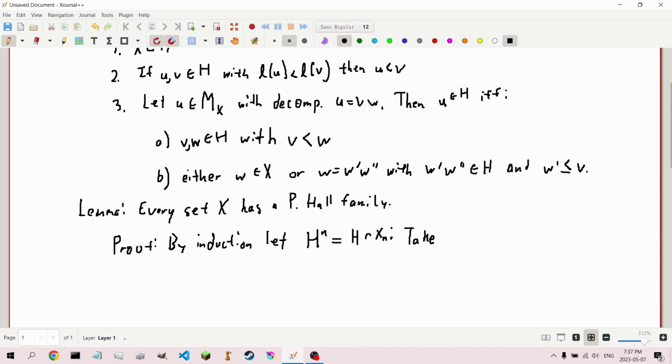How do we do that? Well, we take H^1 to be equal to X, with a total order. We do it on both because they're equal, and it needs to be total.